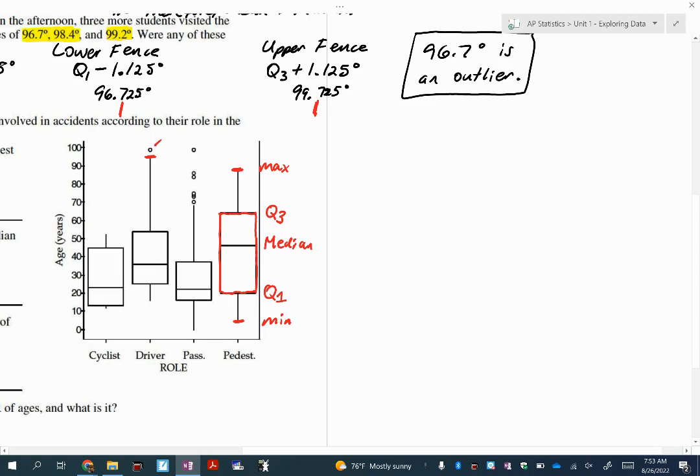This open circle of a person who's maybe 99 years old driving, incredible by the way, is the maximum, but they are an outlier, outside the fence. I want to make sure you understand that it's still a data value. Same thing with this passenger. You still have a passenger who's almost 100 years old, just one of many outliers past the upper fence. So keep that in mind when you're doing outliers.